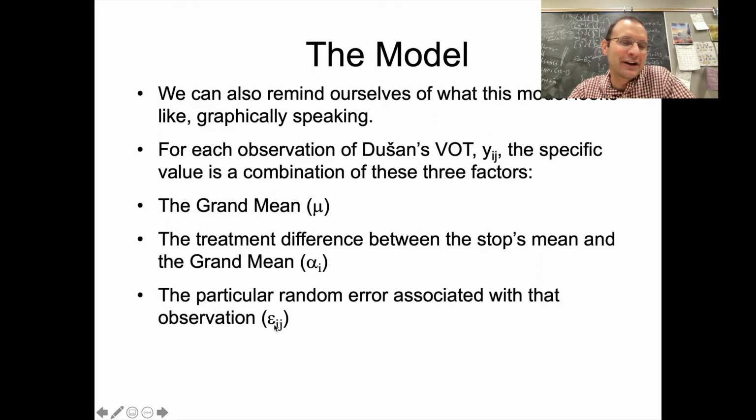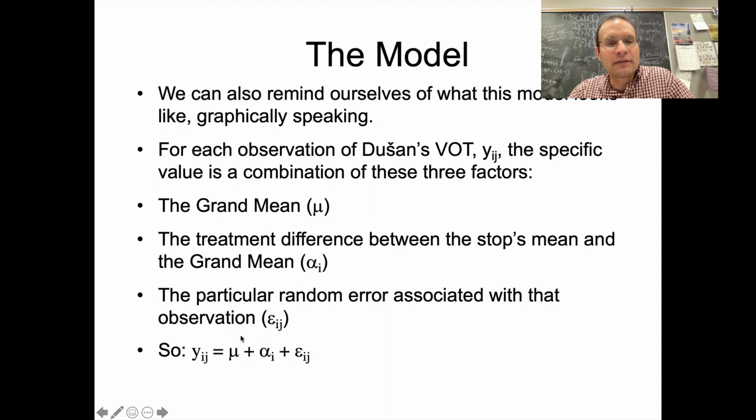The epsilon here is just denoting error, because it's the ancient Greek way to write that short sound, which we call epsilon in intro phonetics, right? So this is basically a linear model, and it's saying that the observation value, y sub ij, is equal to the sum of these three factors that are all piling into this one observation. So we have the grand mean of mu, and then we have this treatment effect of alpha sub i, and then we have this error effect of epsilon sub ij.